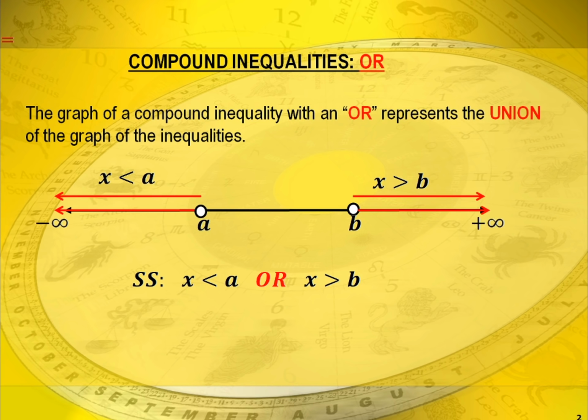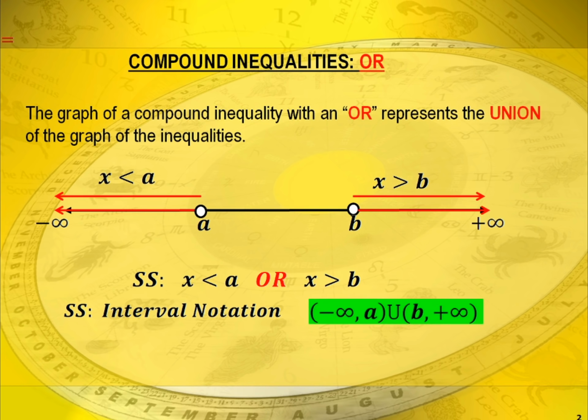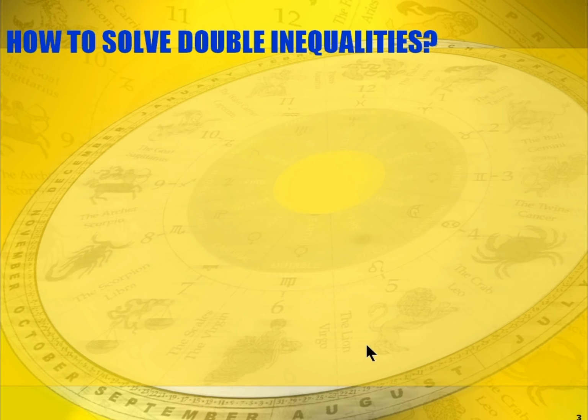We have positive infinity to the right, negative infinity to the left. So the interval notation would be from negative infinity to A, not included, union from B to positive infinity, but B is not included. So this is the solution set. Alright, any questions? Okay, let's go to the example for "and."